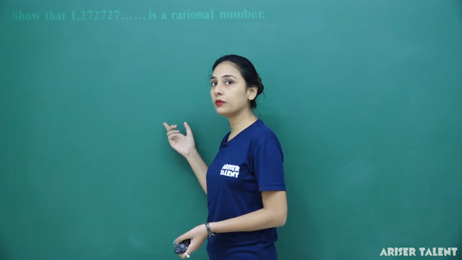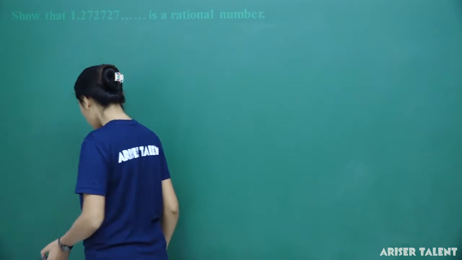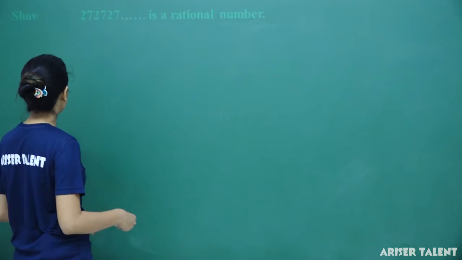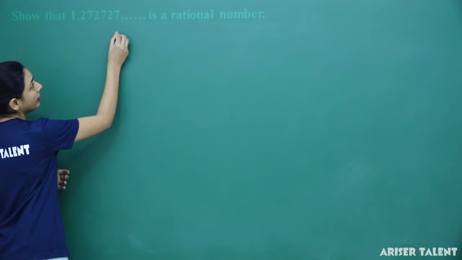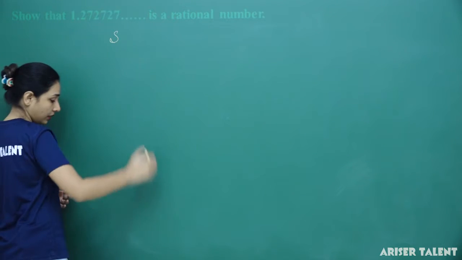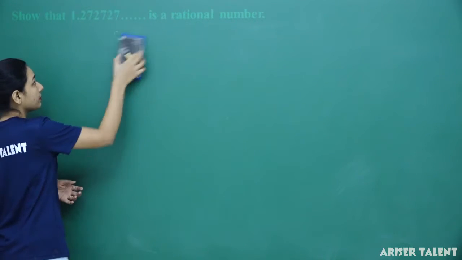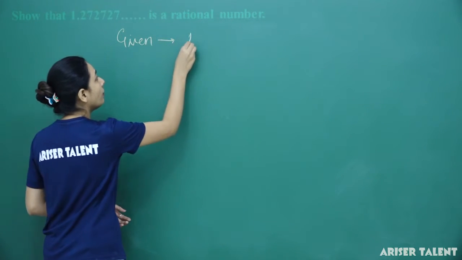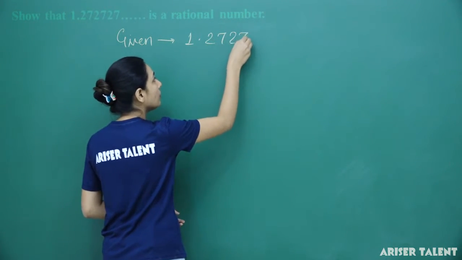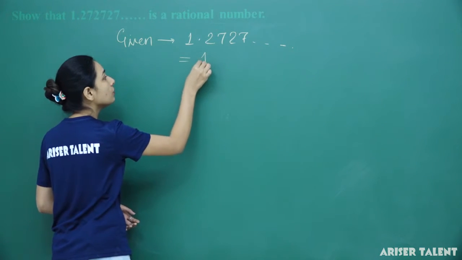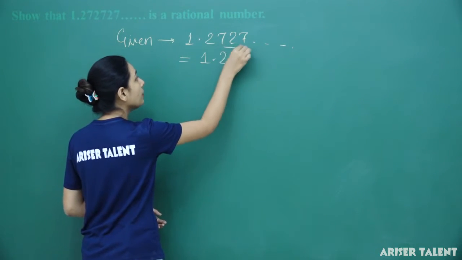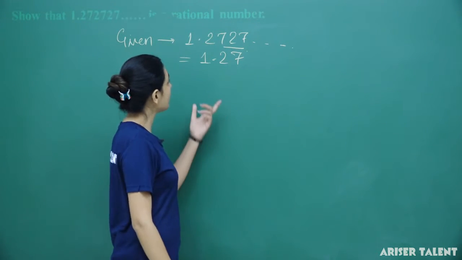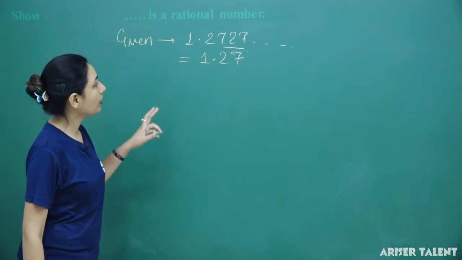So what does that make, 1.272727, that is 1.27 bar, okay. The given number is 1.272727 and so on, that means that is equal to 1.27 bar.